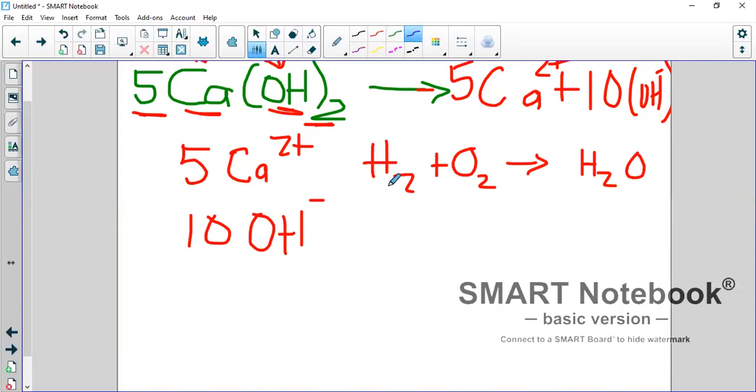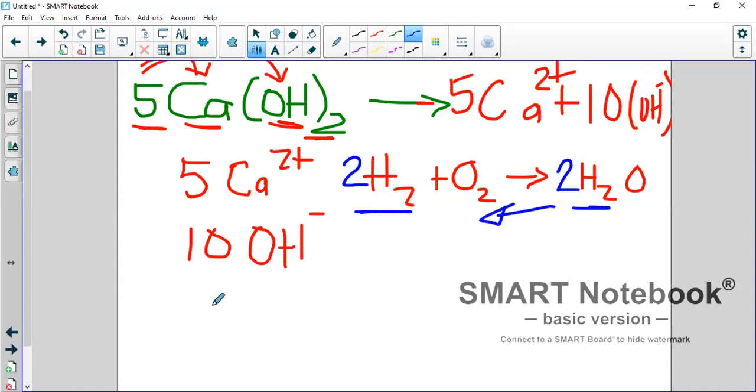I've got 2 hydrogens here. Oxygen, I've got 2. So I need to balance, I'm going to put 2 here. Then here, I'm still going to have 1, and here I'm going to have 2. If I've got 4 this side, I must still have 4 this side. And if I've got 2 here, I must still have 2 here.